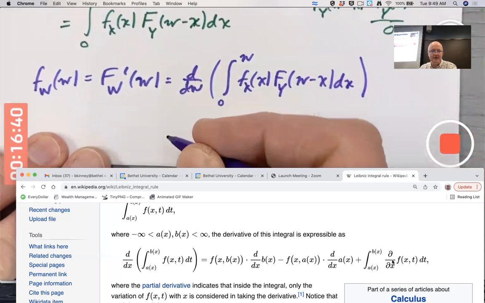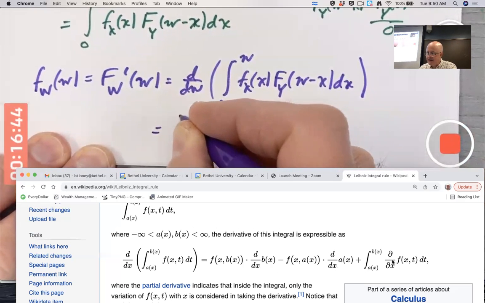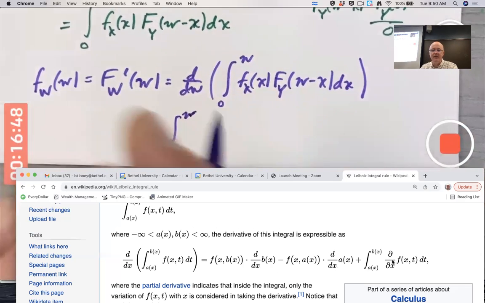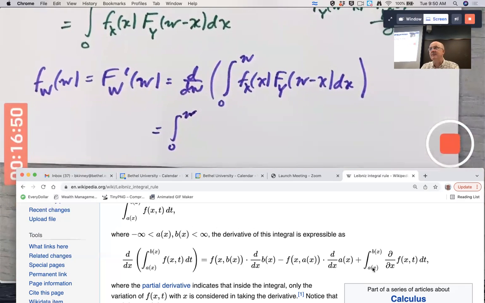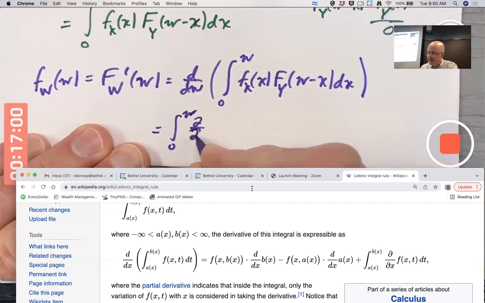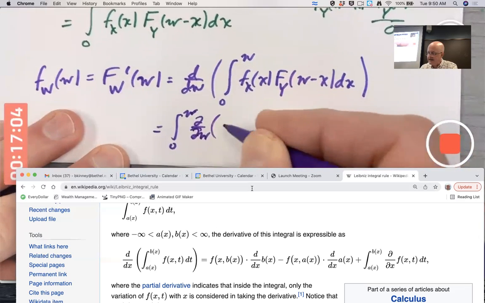This Leibniz integral rule says the answer is going to be the integral from 0 to w, because for us, the a of x is really an a of w, which is 0, and the b of x is really a b of w, which is just w, times the derivative with respect to not x, but w, of this thing.